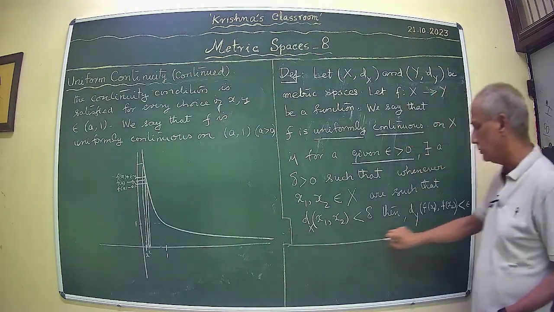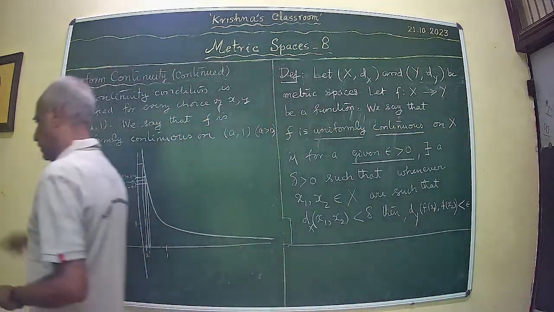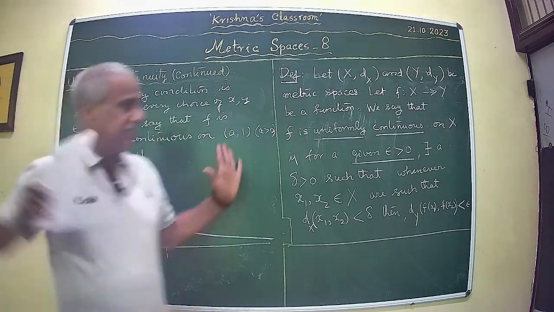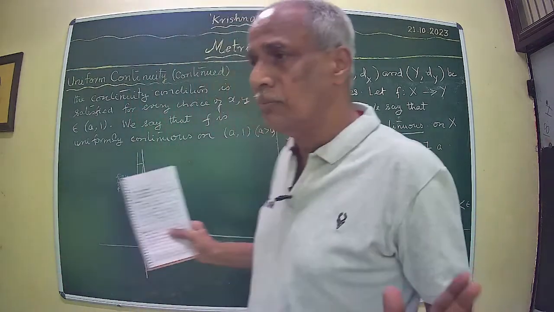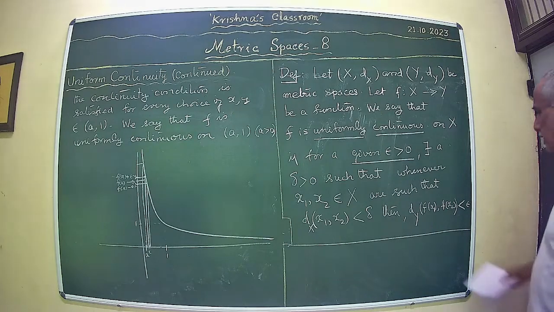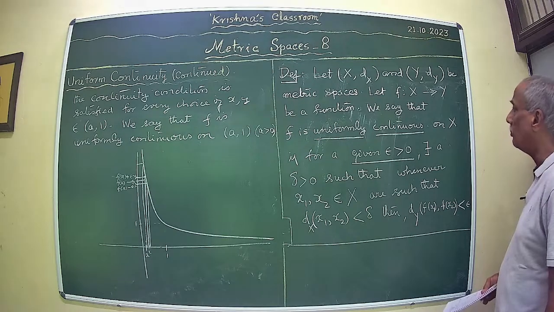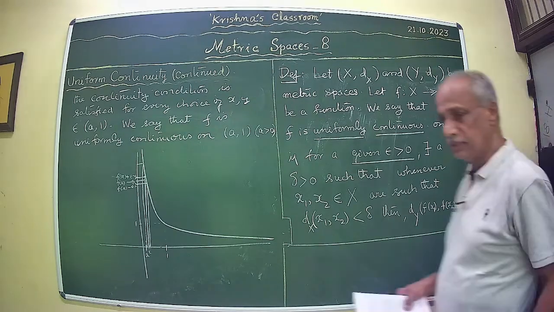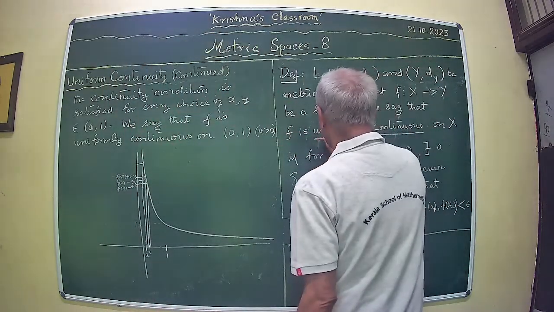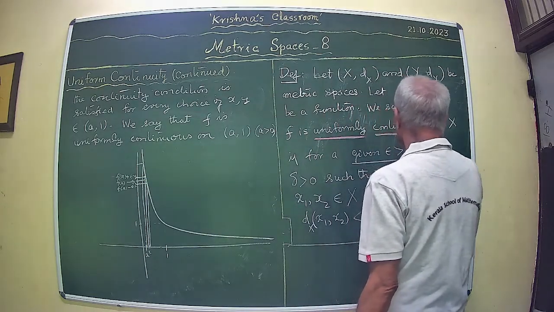This is the definition. So once an epsilon is given, you have a universal choice of delta such that for all x and y, or x1 and x2 belonging to X, the continuity condition is satisfied in this way. Then you say it is uniformly continuous. That's the definition of uniform continuity.